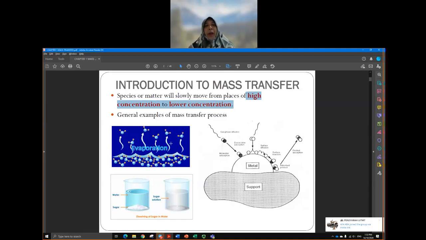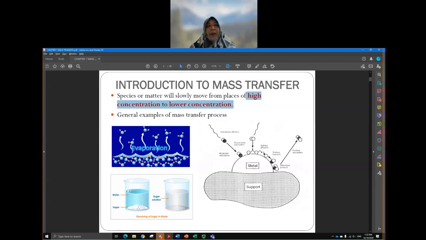Another example I can explain is when you have sugar in a cup of water. When you put the sugar in the cup and pour water, you can still see sediments of sugar at the bottom of the cup.